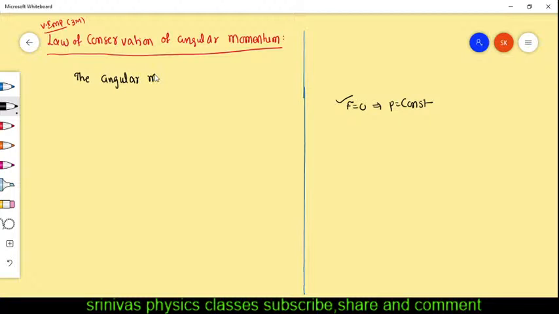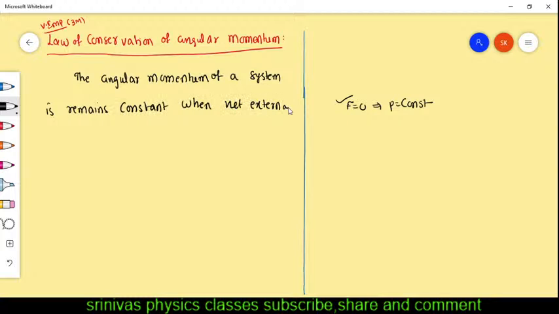The angular momentum of a system remains constant when the net external torque on it is zero.